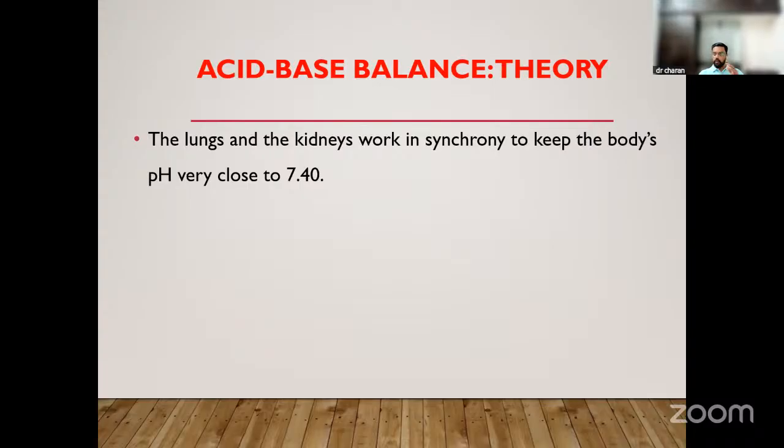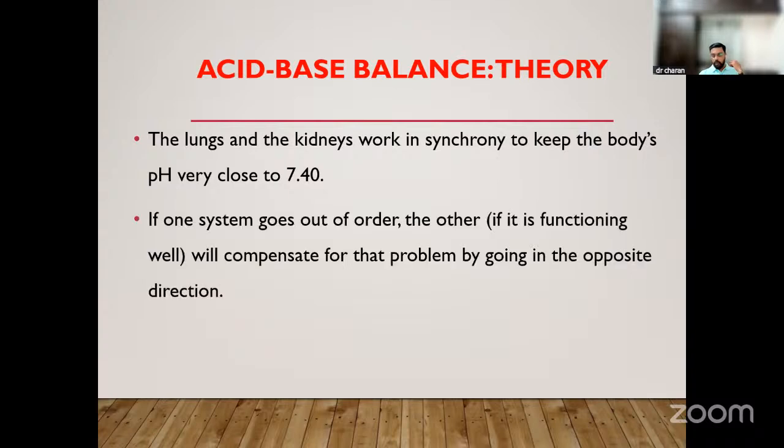These two organs work very swiftly to maintain the pH at a near normal level. So if one system goes out of order, or has a problem, the other system tries to compensate for that problem. If the lung goes down, the kidney tries to compensate. If the kidney goes down, the lung tries to.